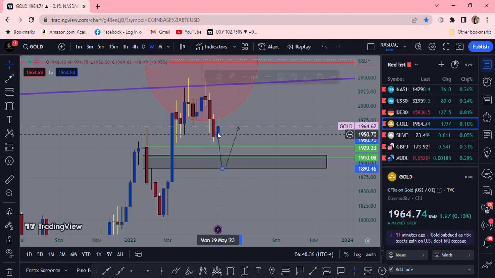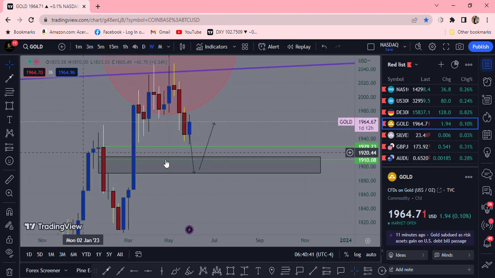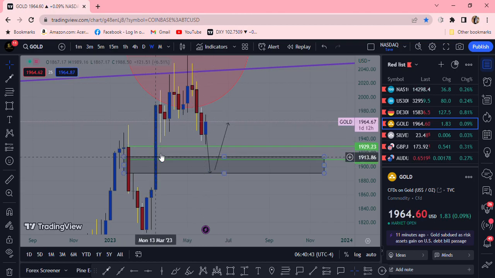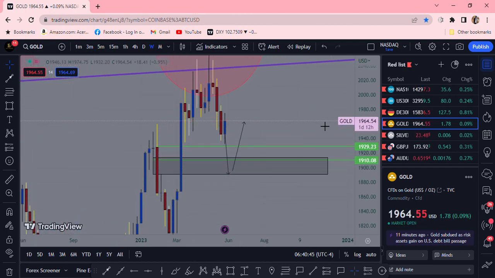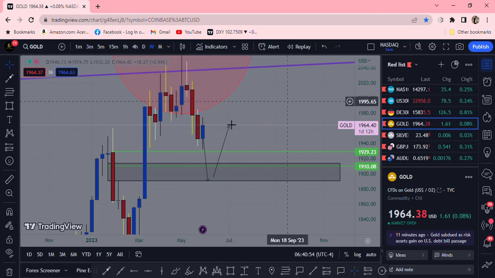I did anticipate gold to actually reverse back to this imbalance here. Maybe it will happen tomorrow in NFP, or gold could just go back and fill out this imbalance here, which is at 1986. That's possible.